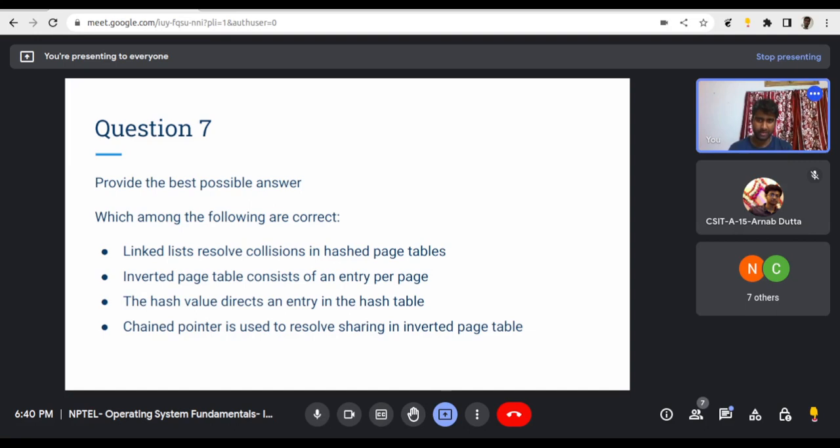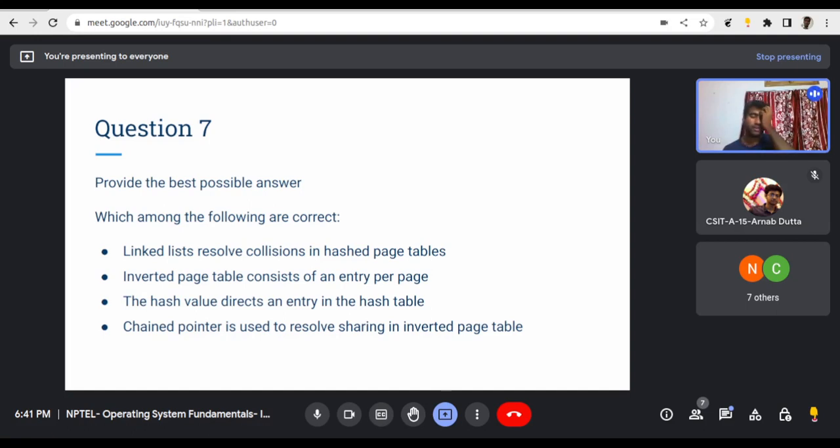So what chain pointer does is that there may be sharing of a section of the main memory among multiple processes. So it creates a pointer to each of the processes.